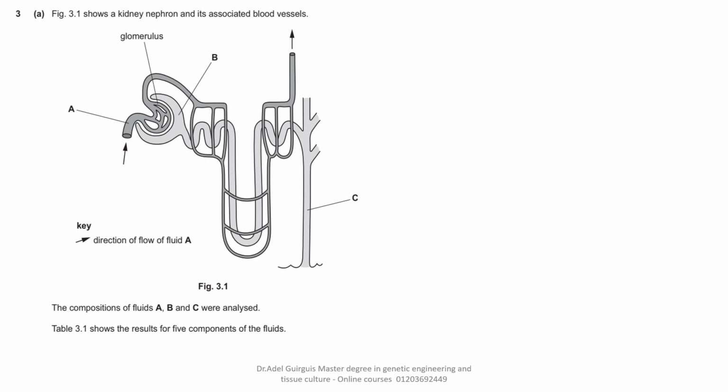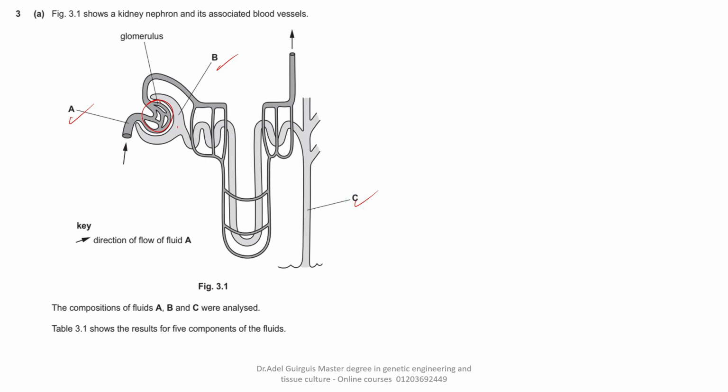Here, Bowman's capsule with glomerulus inside, and the letter A, where blood enters the glomerulus. Now, the composition of fluids A, B, and C was analyzed. Fluid A, fluid B after passing through the glomerulus, and then fluid C is the last one.